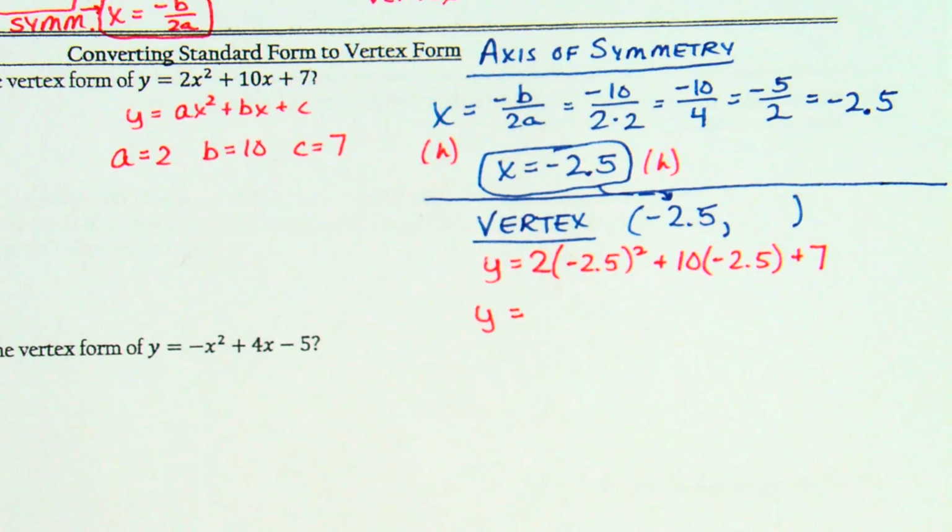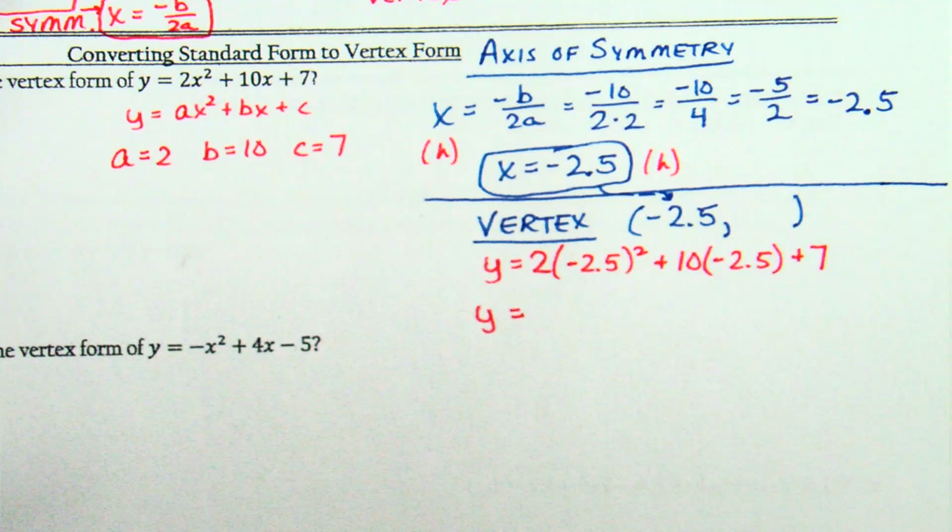And keep in mind, when you do that negative 2.5 squared, it needs to come up as a positive, right? So either just enter 2.5 squared, or you have to put parentheses around it and do negative 2.5 squared. Times 2 is 12.5, right? What's 10 times negative 2.5? Negative 25.